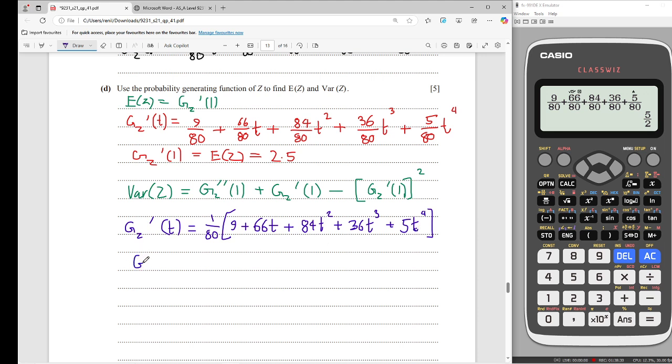Moving on, let's double differentiate this value, and given that it's a constant, we don't need to differentiate 1 by 80. And when you differentiate 9, you get 0.